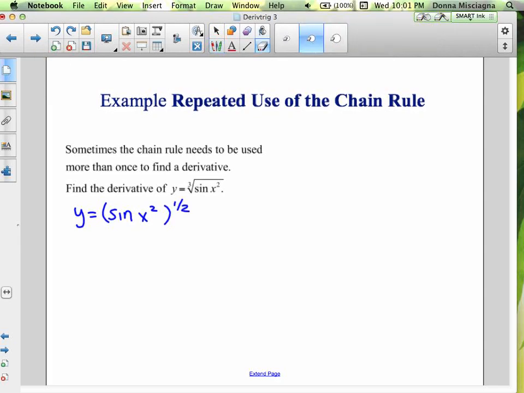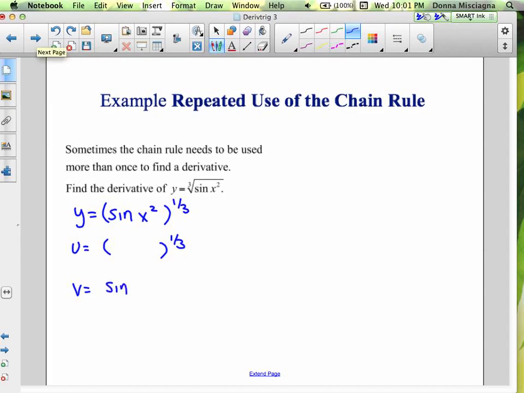So we have the derivative of the outside. The first part, let's just label it u, is going to be blop to the 1/3. And then the v part is the derivative of sine blop, and then the w is the derivative of x squared.